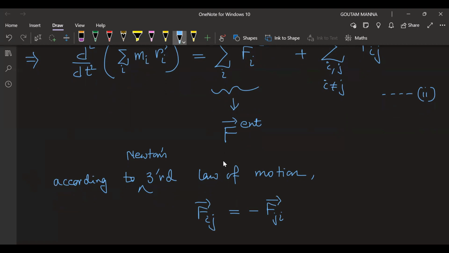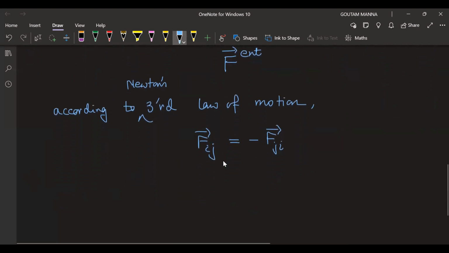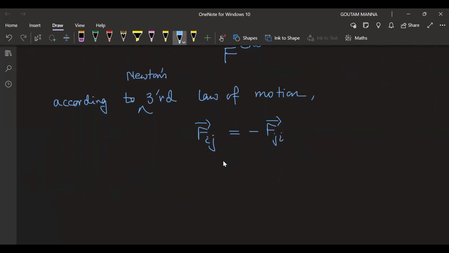This is Newton's third law of motion. That is, action and reaction are of equal magnitude, but they are in opposite direction. So in that case, f of ij plus f of ji is equal to 0.